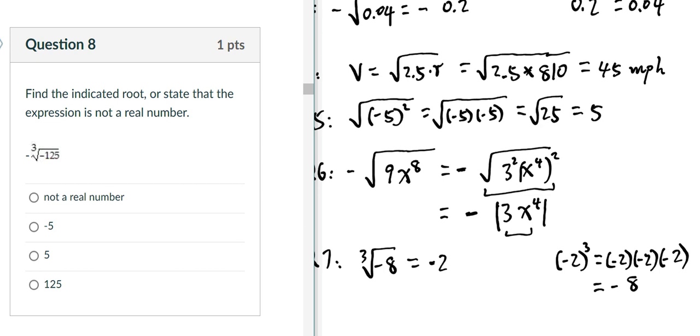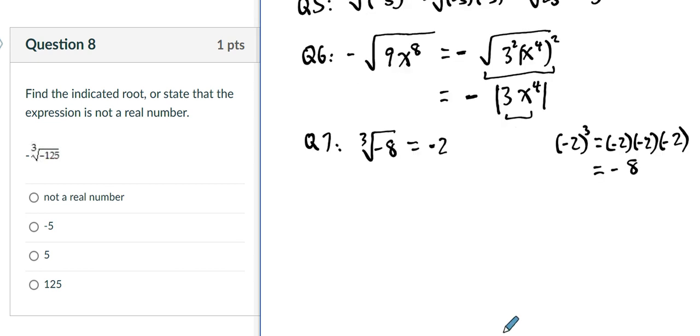Now, similarly, for question 8, first you have to handle the cube root of 125.